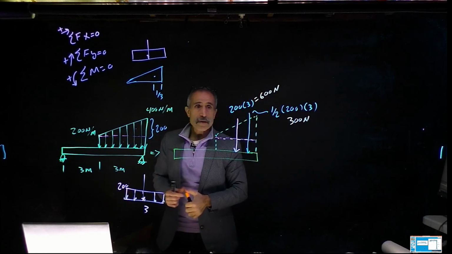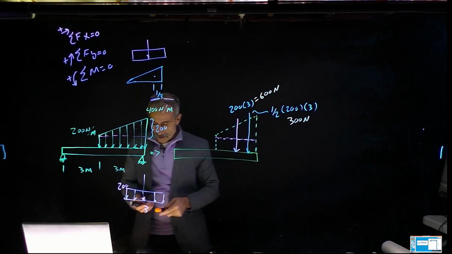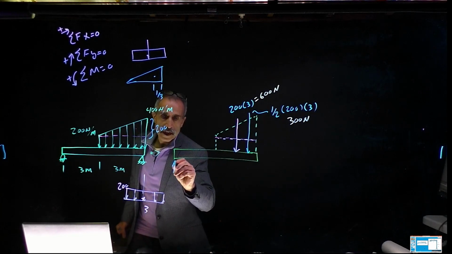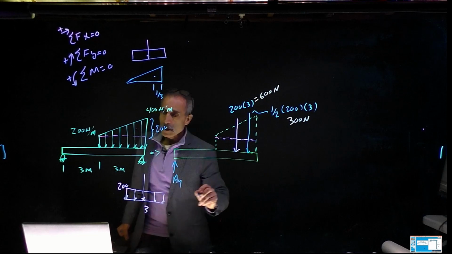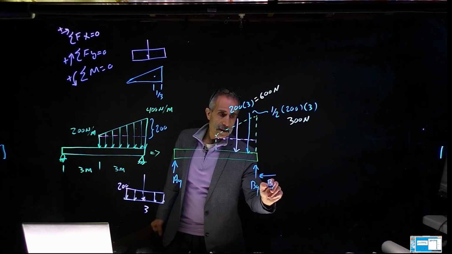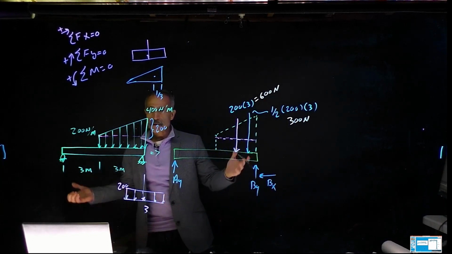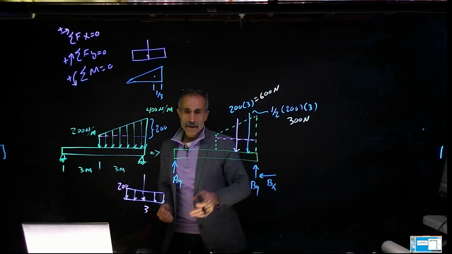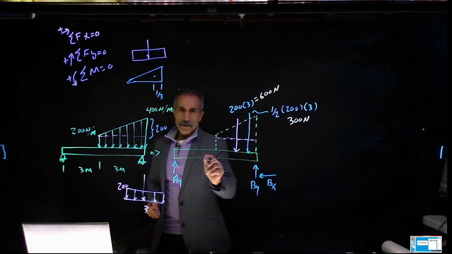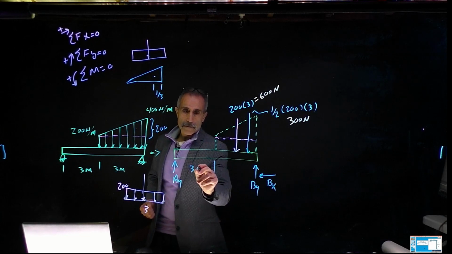Okay, now I have something easy. For the reactions, I have one force here, let's call that AY, and here I have BY and BX. BX comes out to 0 because there's no x direction; everything is a vertical load. Now our distances have to be calculated. This distance right here is 3 meters.